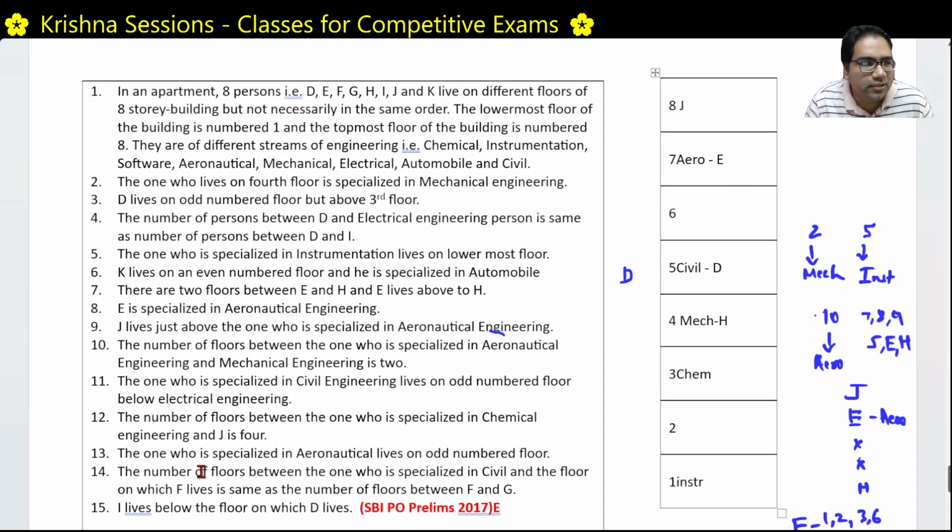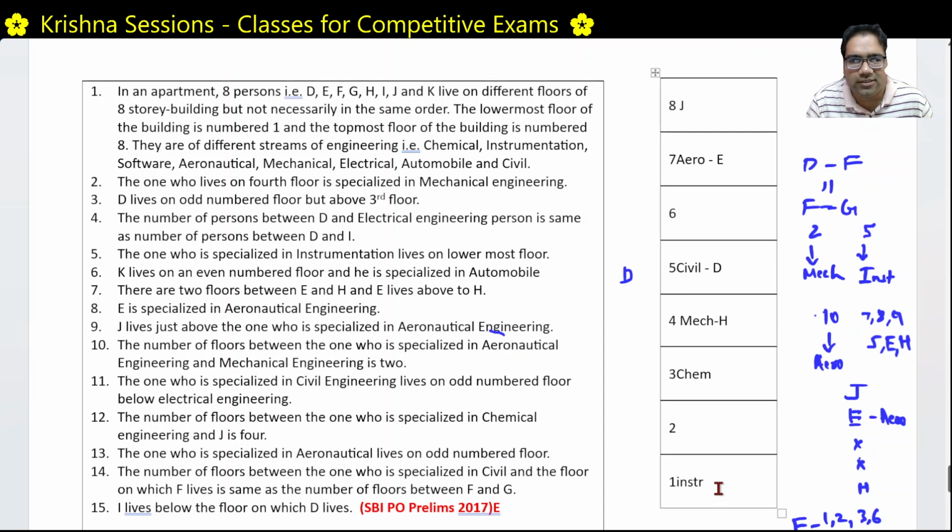Now, what he is saying is the number of floors between the one who is specialized in civil and the floor on which F lives is the same as the number of floors between F and G. The one specialized in civil is D. So the distance between D and F should be equal to the distance between F and G. Let's take F's options 1, 2, 3, and 6.